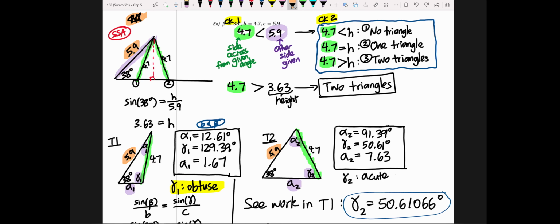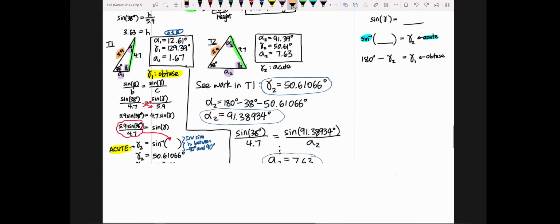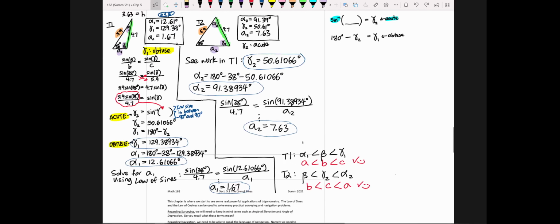Oh, no. The two green lines just show that the side across from the given angle can be to the left of the height or to the right of the height. Got it. So triangle 1 is drawn T1, and then triangle 2 is T2. Okay. Thank you. You're welcome. Thank you, Professor. I was confused too. Great. Yes, good to clarify.